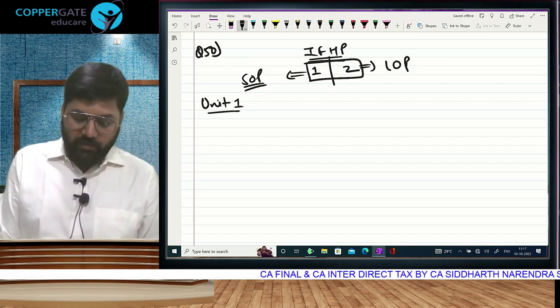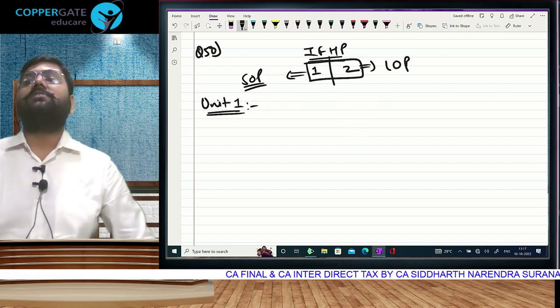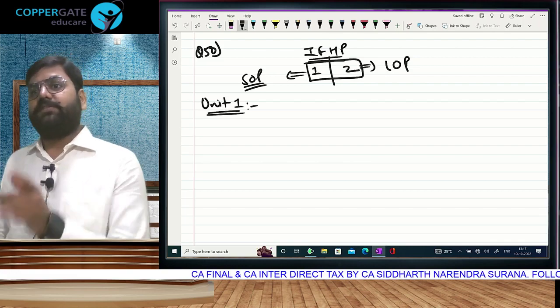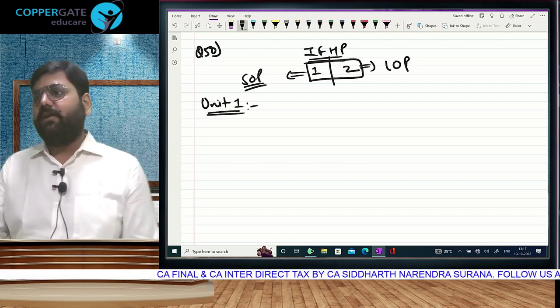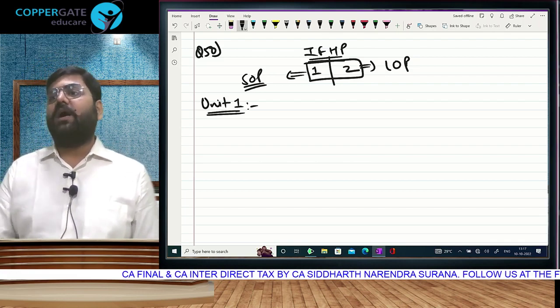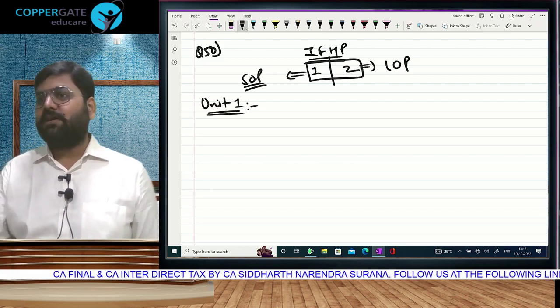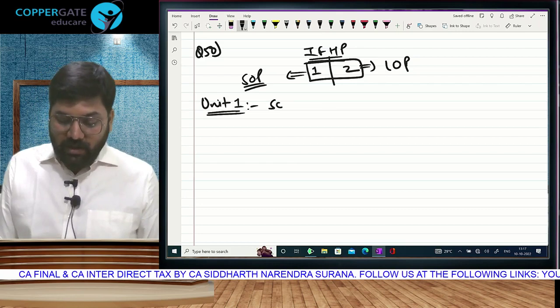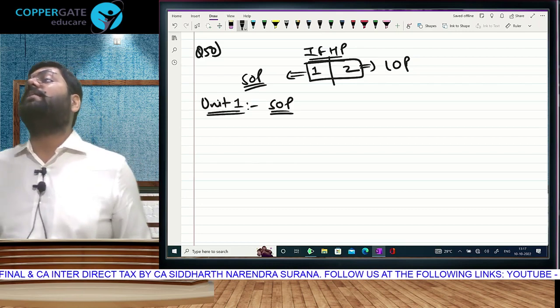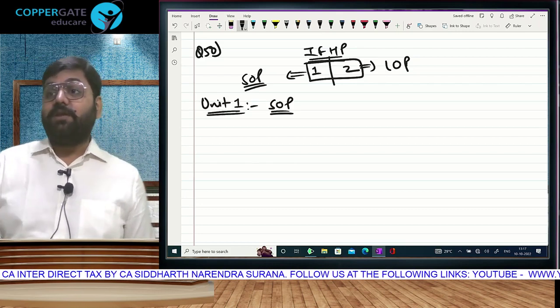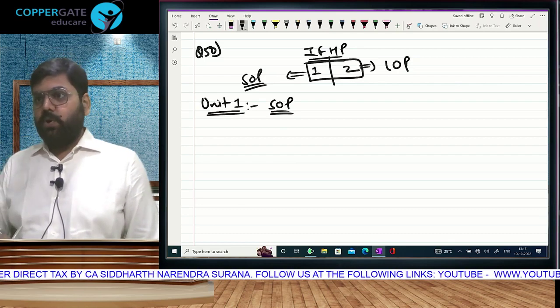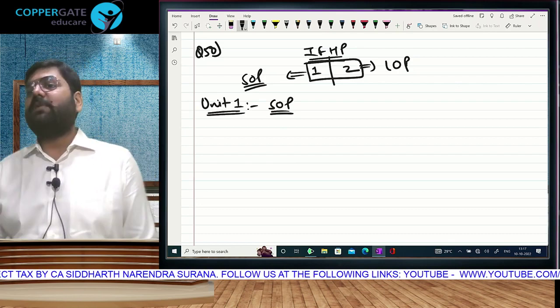Let's solve for unit 1. Every time you do a sum which involves multiple properties, your property is one but still divided into multiple properties. So you should write the nature against that property. Nature means SOP, LOP, DLOP, not angry or loving nature. This will help you decide what you have to do next.